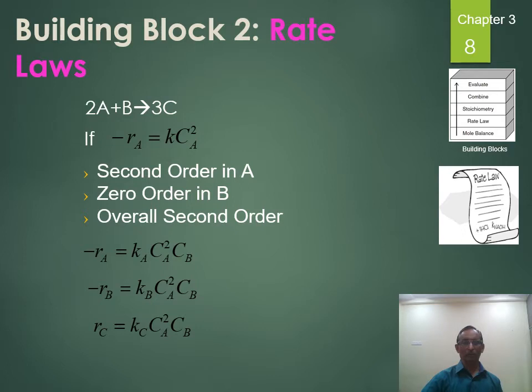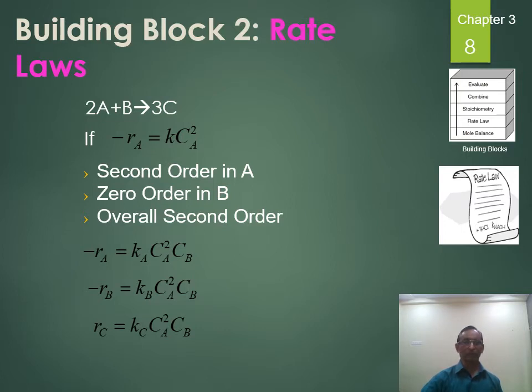You are not going to write Kc into Cc squared, because C is formed only if A and B are available and react. So the rate of formation of C also depends on the concentration of the reactants only. Rate of disappearance of A depends on the concentration of reactants.